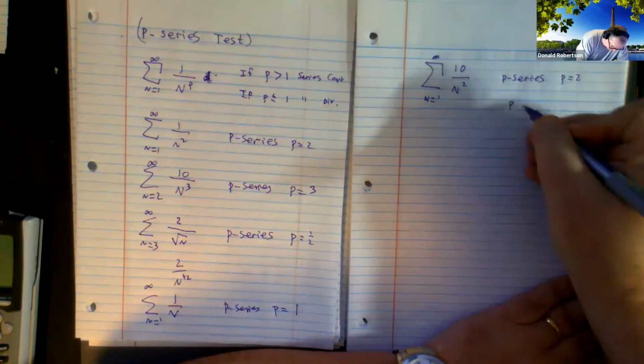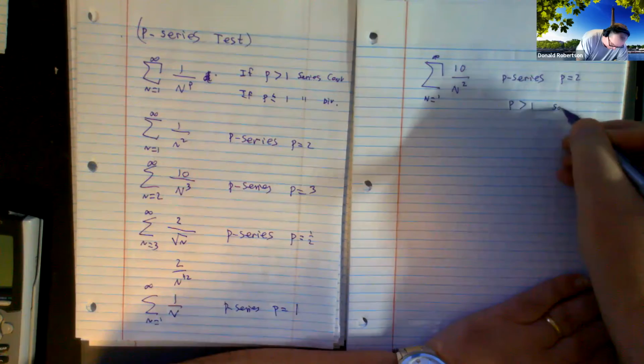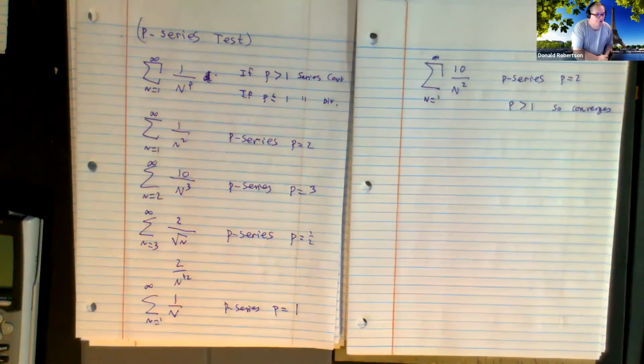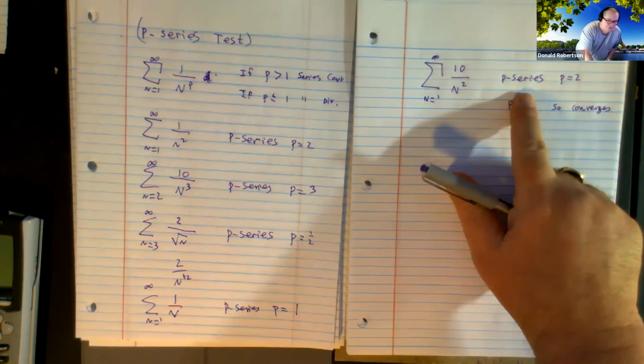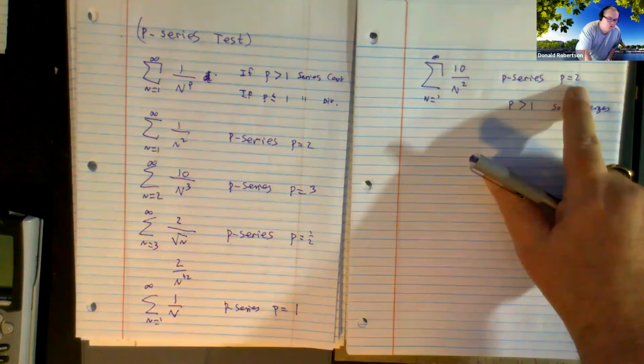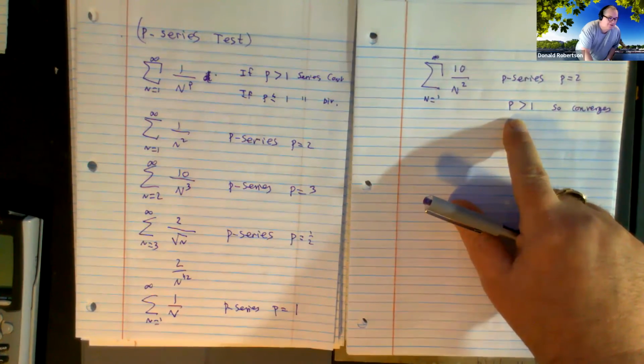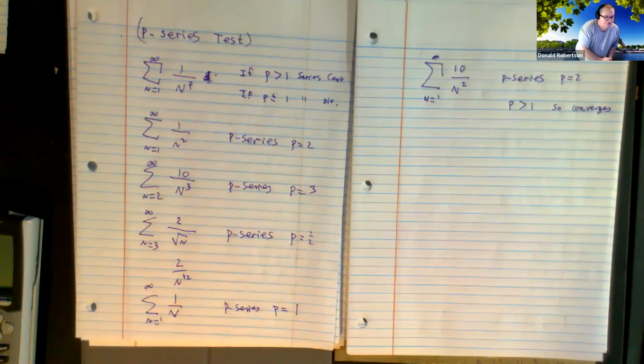You would say the P value is greater than 1, so it converges. Would you agree that's not a lot to write down for the answer? What are you doing? You're telling me you recognize it's a P series. You're telling me you know what the number for the P series is. And you're telling me that the reason you made it converge was because it was bigger than 1. Do you see that's enough to tell me you know everything that you need to prove that that's convergent?